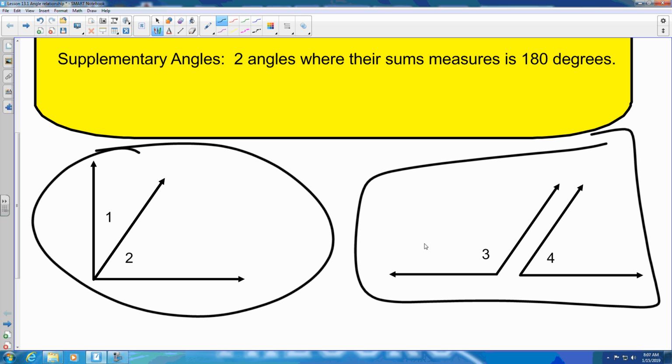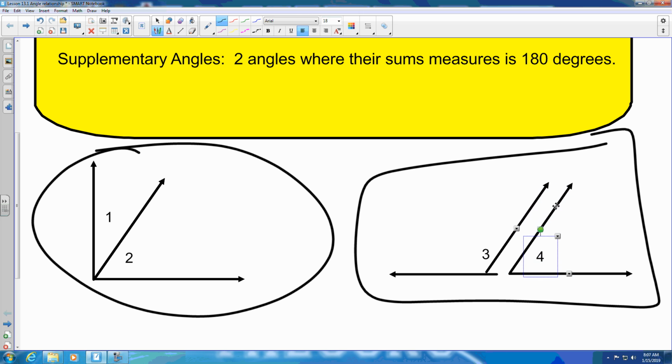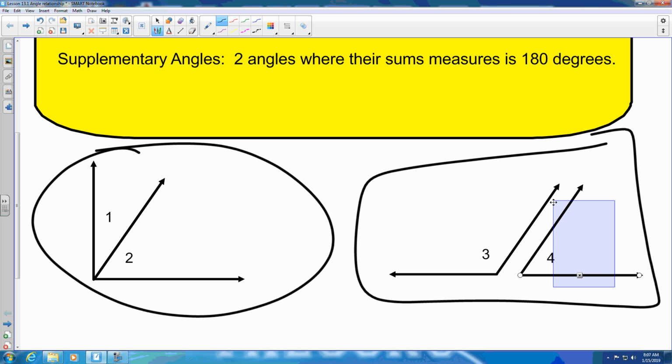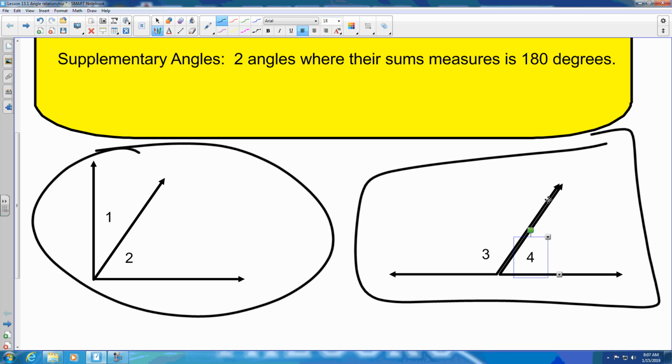And just like with angles 3 and 4, I can move it here and it looks like I can get a straight line, and the straight line shows that it's a 180-degree angle.